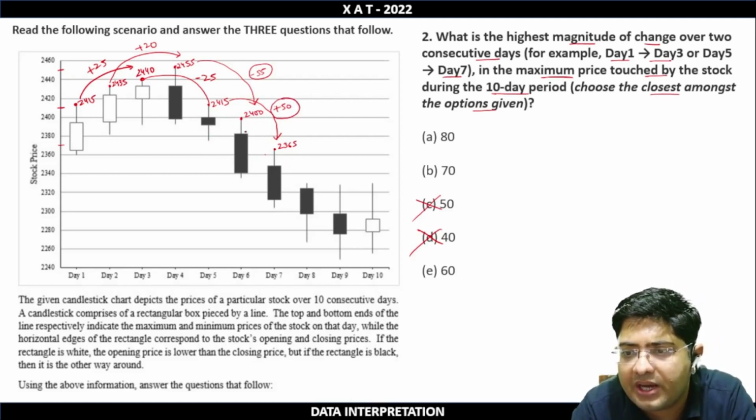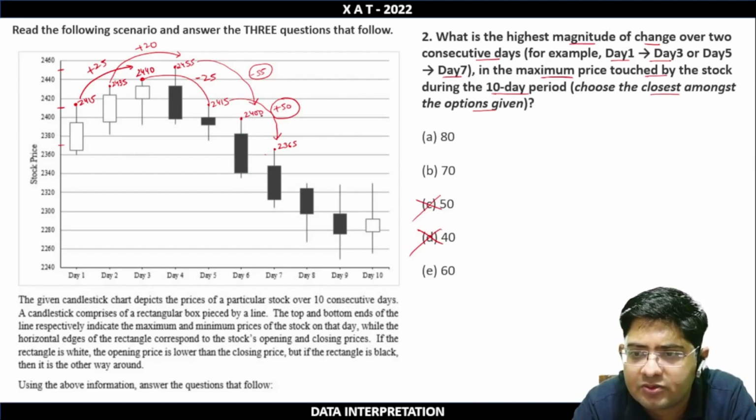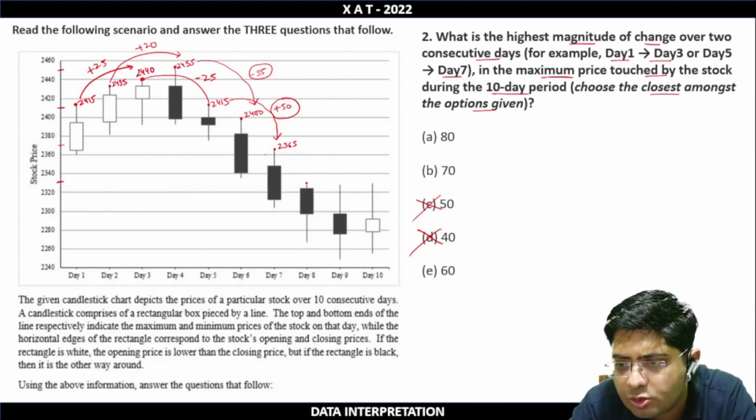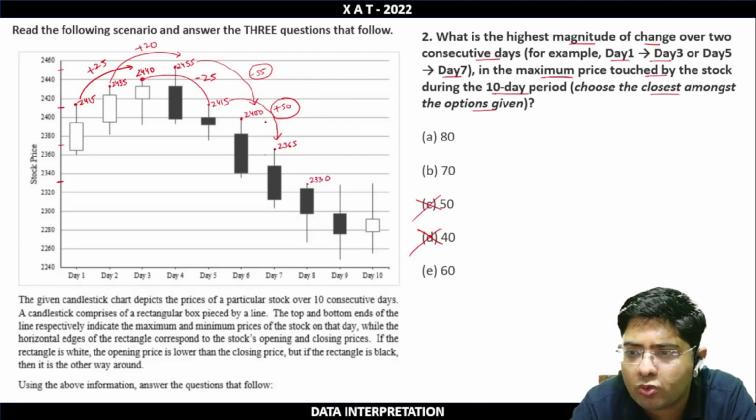Now if I look at the next, day 6, that is 2400, then day 8, that is 2320, 2330, so that is 2330, right? This is the center value, 2330. So 2400 to 2330, that is a change of 70, which I can see.